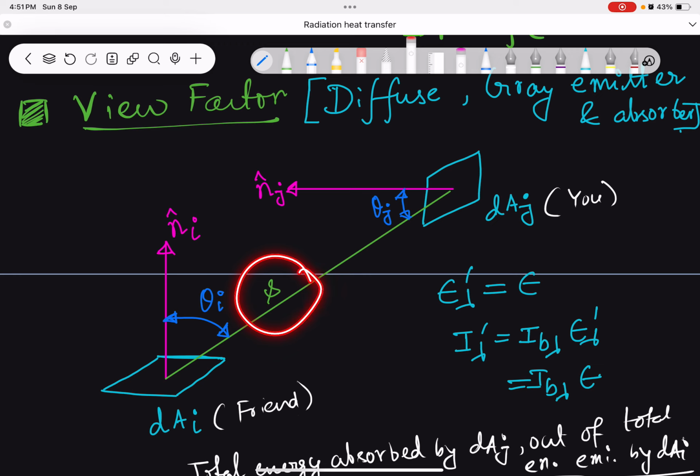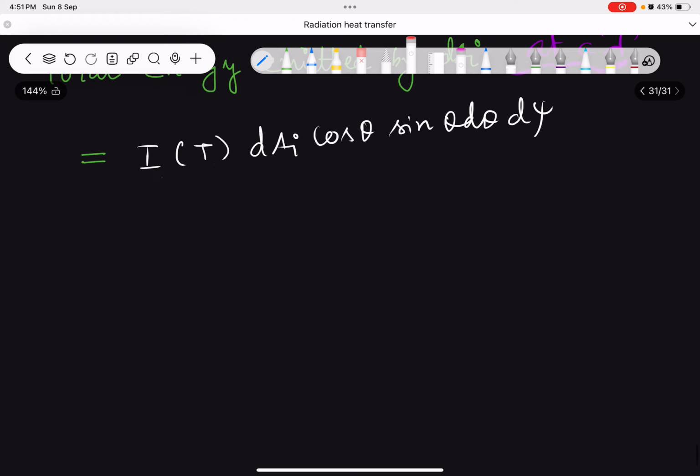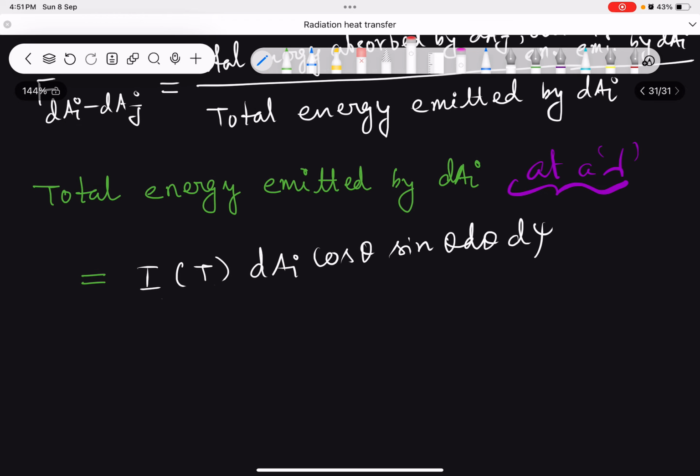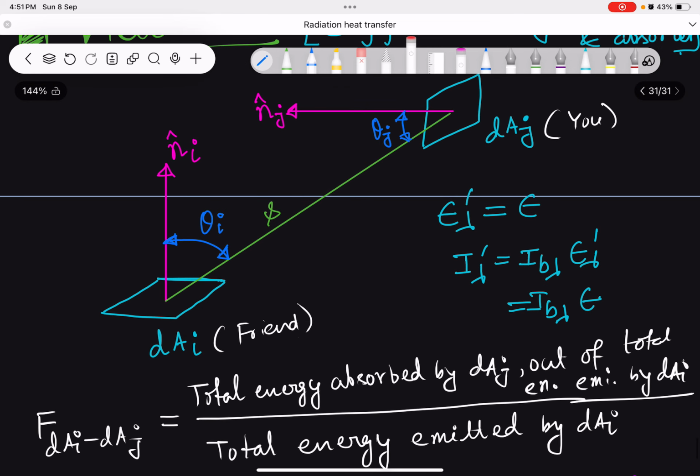So distance between the centroids of the surfaces and the orientation of the surfaces. So this will be true for any lambda. Be it a gray surface or not, that does not matter for the case of view factor. But that concept still remains true, and this is a very important concept.